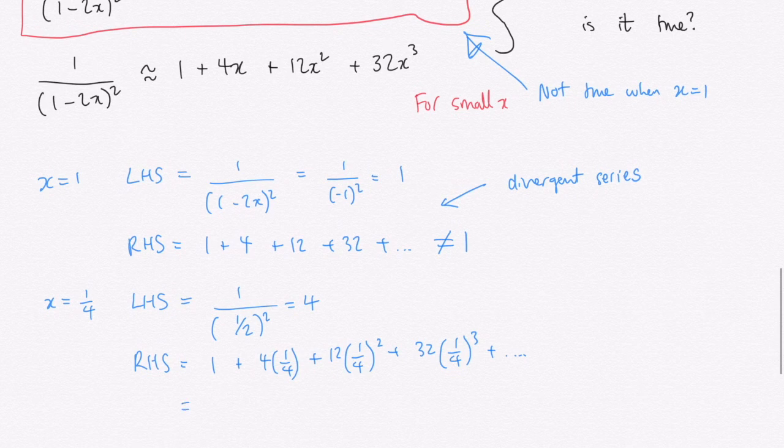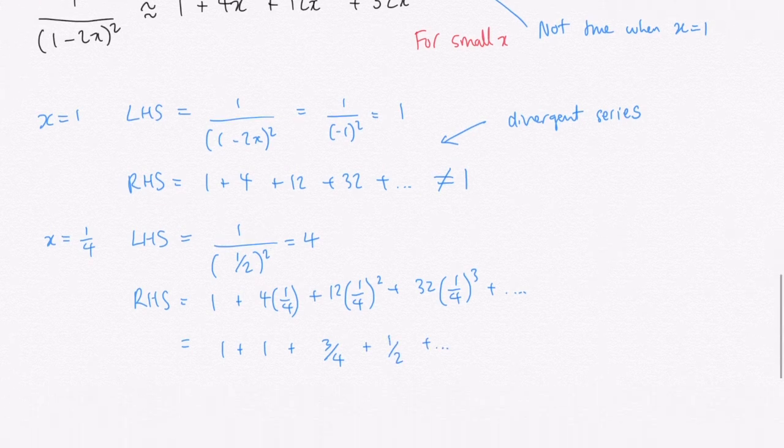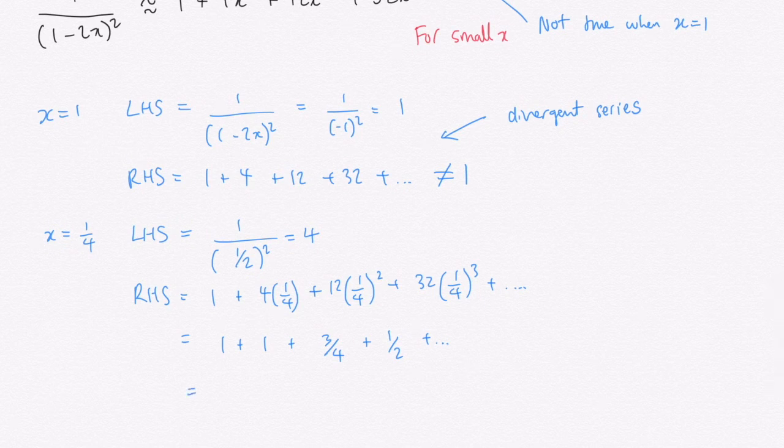Well, what do we get? We get 1 plus 1 plus 12 over 16, which is 3 quarters, plus 32 over 64, which is a half, plus these remaining terms. So we can see that this is 3 and a quarter plus some remaining terms.